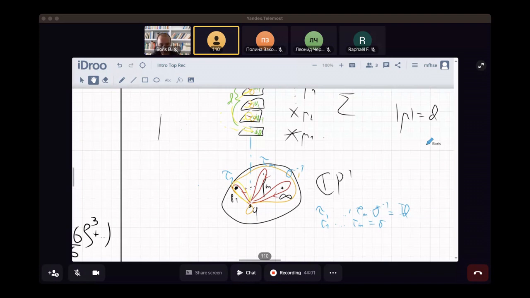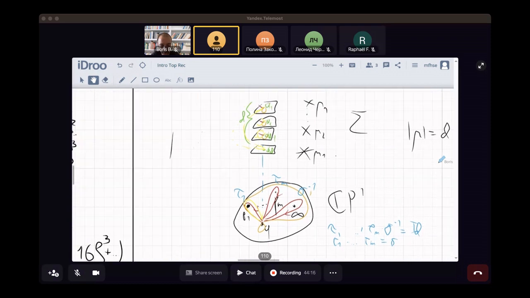It was clear that if we start from some covering, then we can draw all those loops, and we choose some way to order those sheets above our regular point.